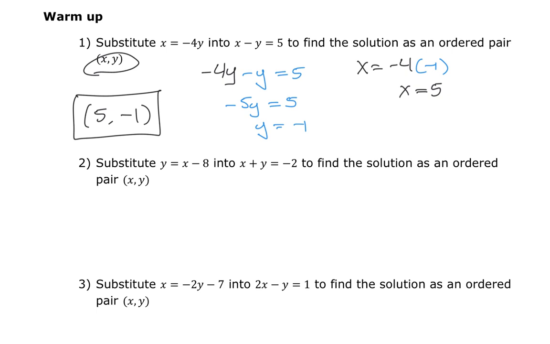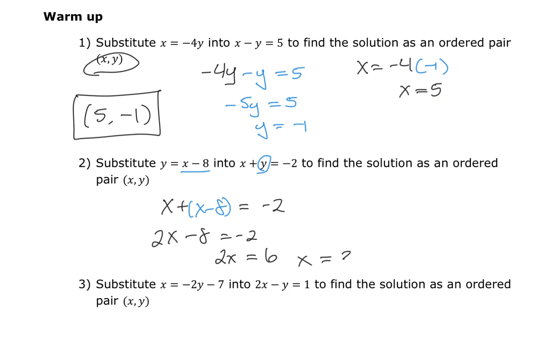On the next example here, we are going to substitute y now as x minus 8 wherever I see y in the second equation. So I have x plus, and then I'm going to replace the y with x minus 8, and it will equal negative 2. So I have x plus x, which is 2x, minus 8 is equal to negative 2. I'm going to add 8 to both sides, so 2x is equal to 6. So this tells me that x is equal to 3.